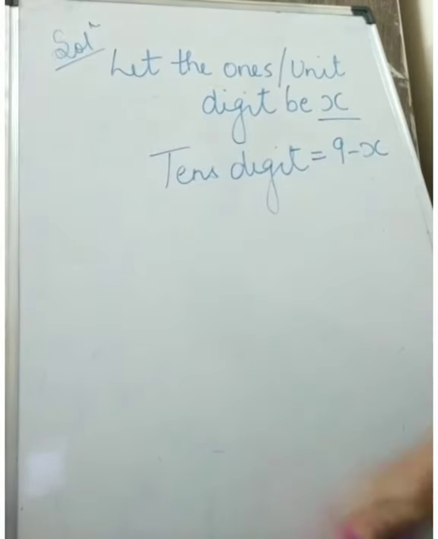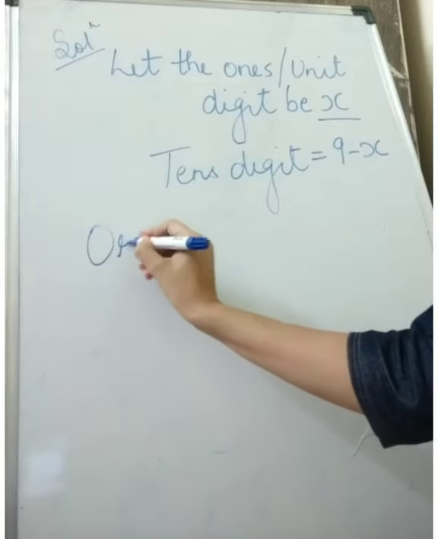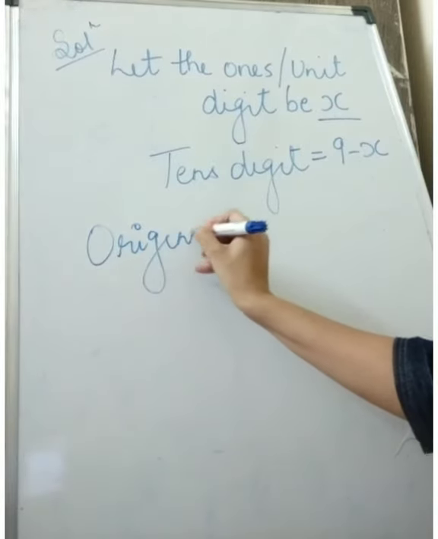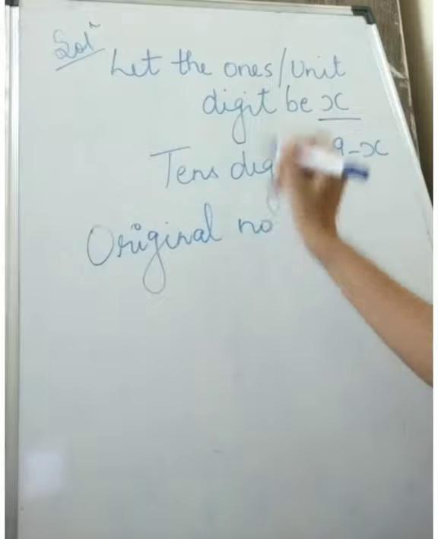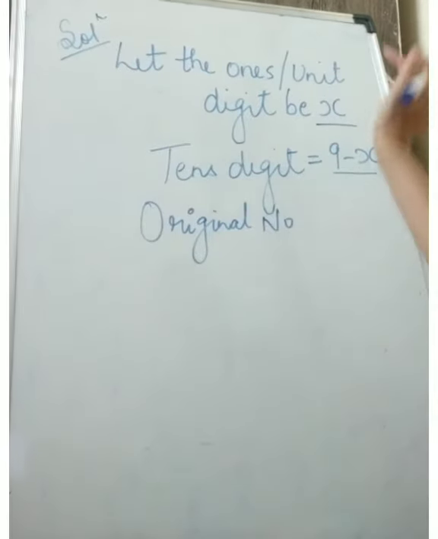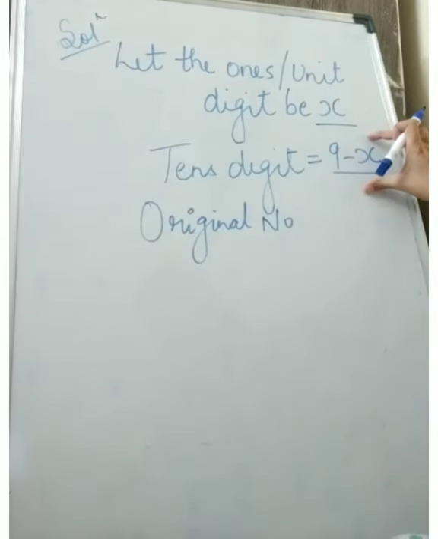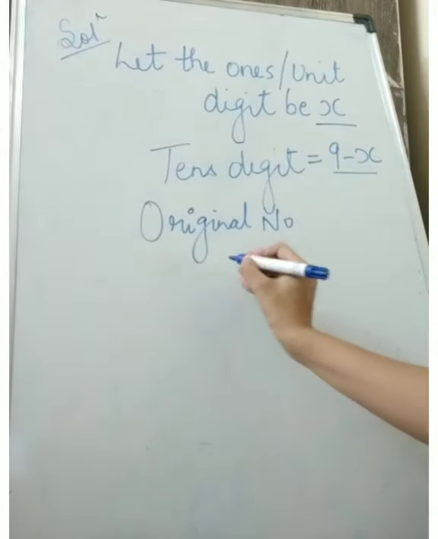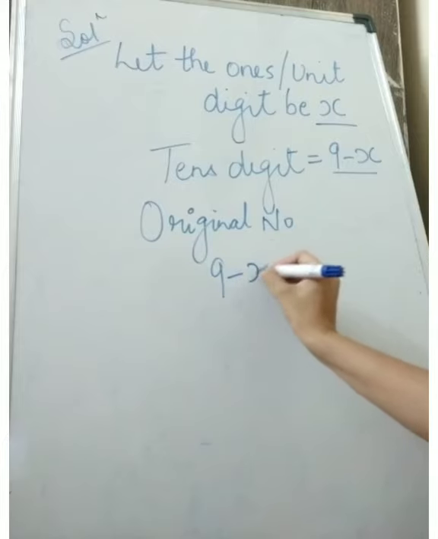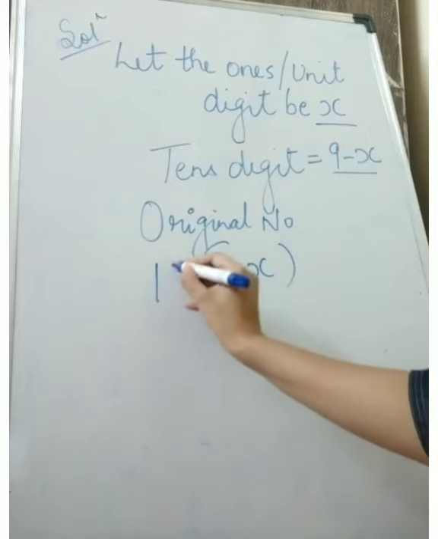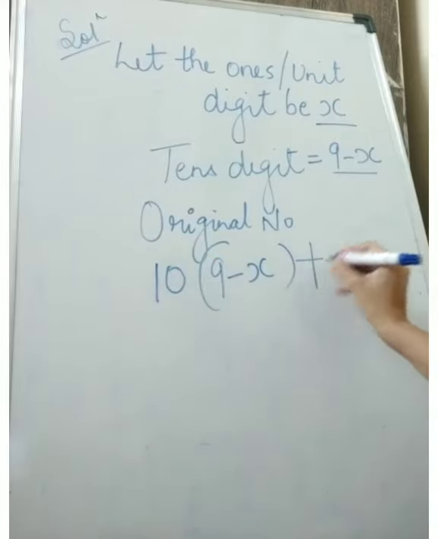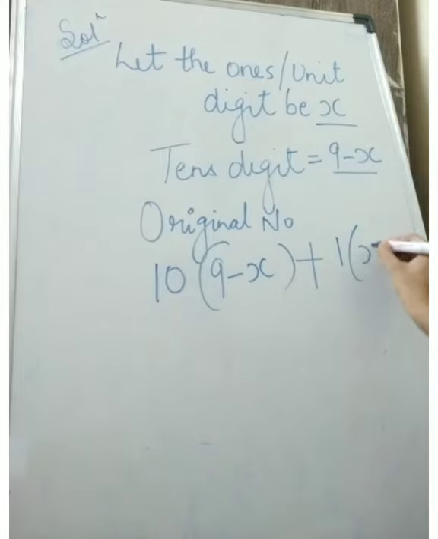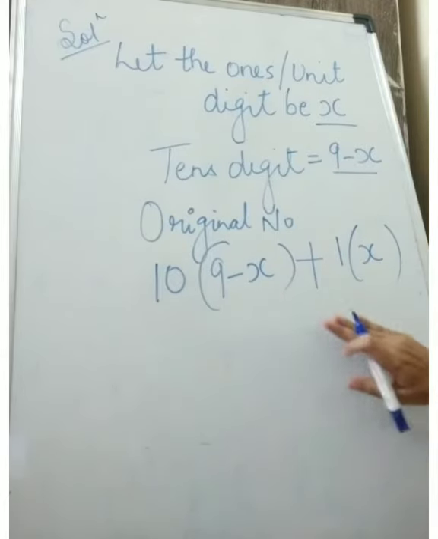Now we will find the original number. So how will we find the original number? In the original number, this is in the tens place, so we will multiply with 10, and this is in the ones place, so we will multiply with 1. So I will write 9 minus x, we will multiply with 10 plus 1 we will multiply with x. How have I done the arrangement?